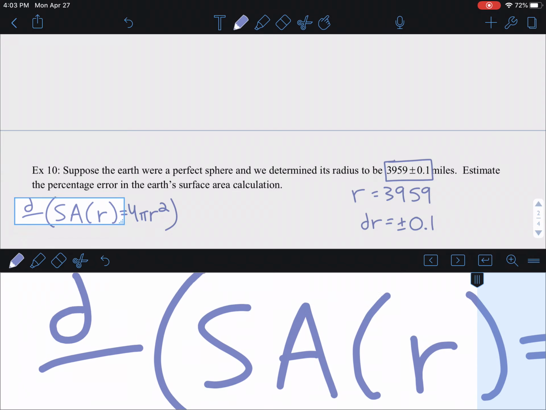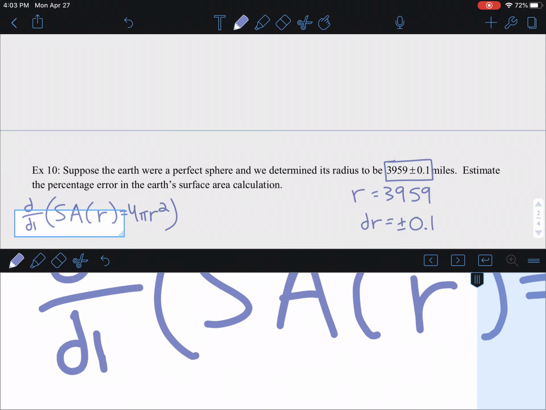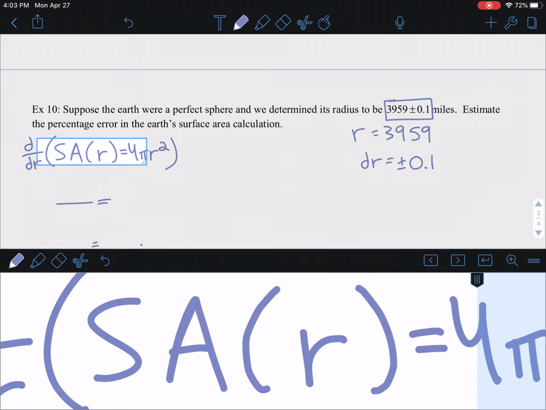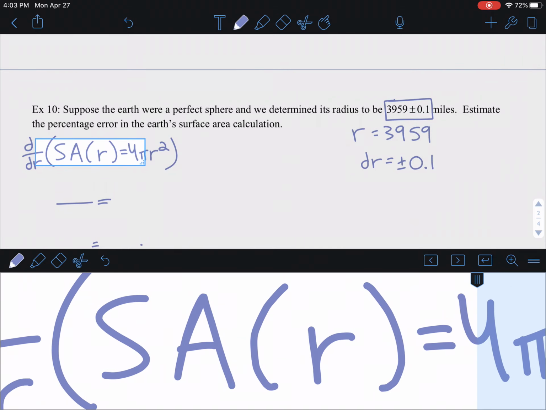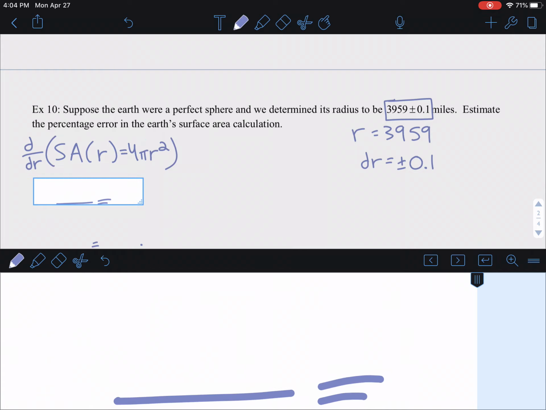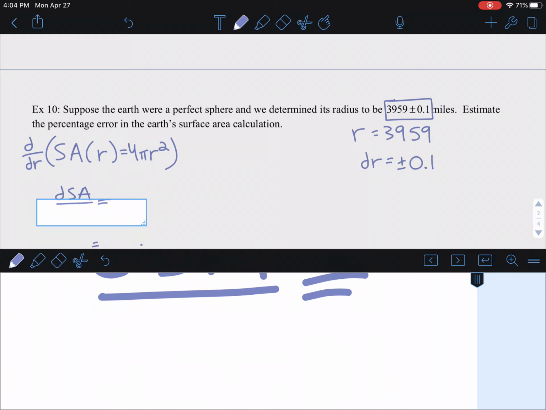We're going to take the derivative of this with respect to r. I've talked about this in another video. I like to write SA for surface area. If you want to write just A, that's fine. If you want to write just S, that's fine. It's not going to matter. I like writing SA. So I get the differential for my surface area over the differential for the radius.